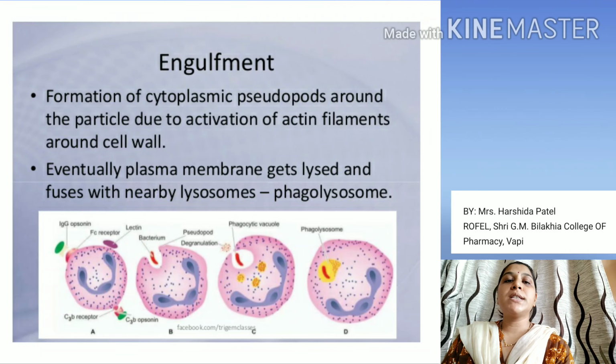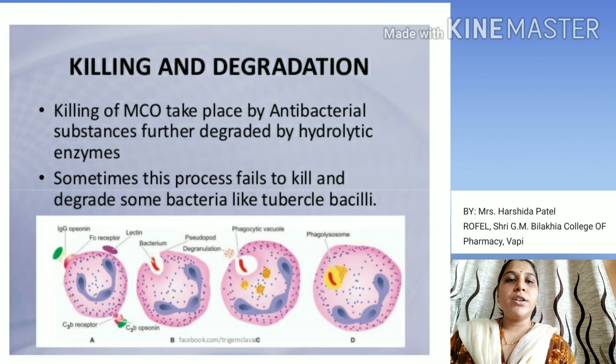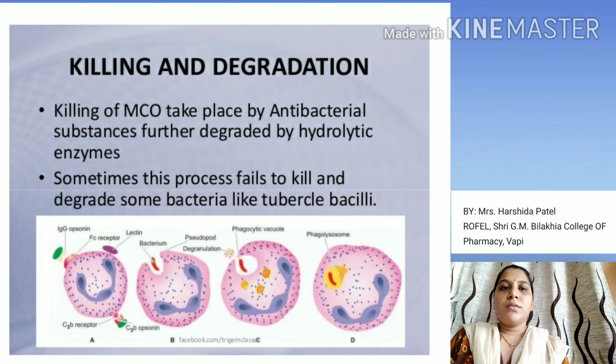After that, the next process is killing and degradation. In this process, the microorganisms are killed by antibacterial substances released by the macrophages. Majorly this is done by the scavenger cells, which secrete hydrolytic enzymes and kill the microorganisms.